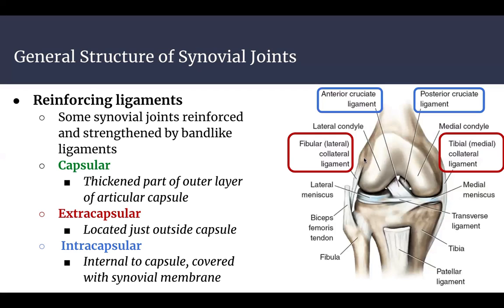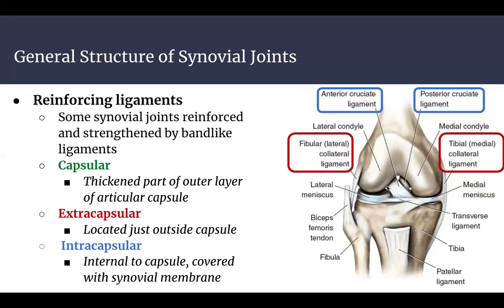That means the capsule would be running around here. So they would be in the area of where the synovial fluid is. They are also covered with a synovial membrane, this specialized connective tissue that's going to help make synovial fluid.